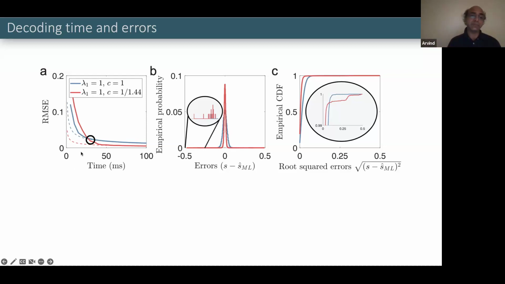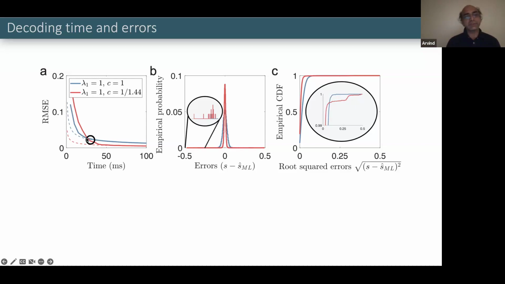To illustrate this, Movitz gave himself some time to collect spikes to decode and measure the root mean square error. At some point, the root mean square error approaches the Cramer-Rao bound, which is these dotted lines. The blue line is for single peak tuning, and red is for periodic tuning. They hit the Cramer-Rao bound at some point.